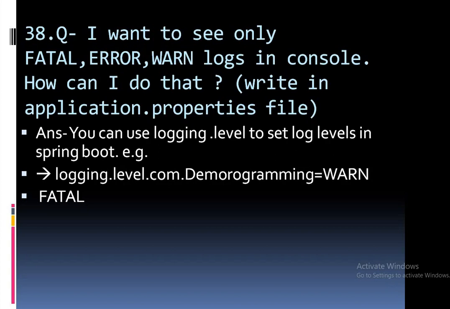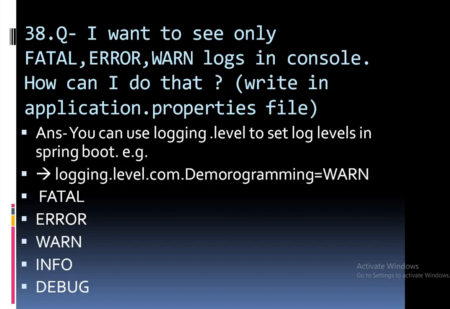We can use logging.level.com.demo programming equal to warn. In this way we can write logging.level.com.demo programming equal to fatal, or error, or info. So that particular warn, error, or info log will be shown.